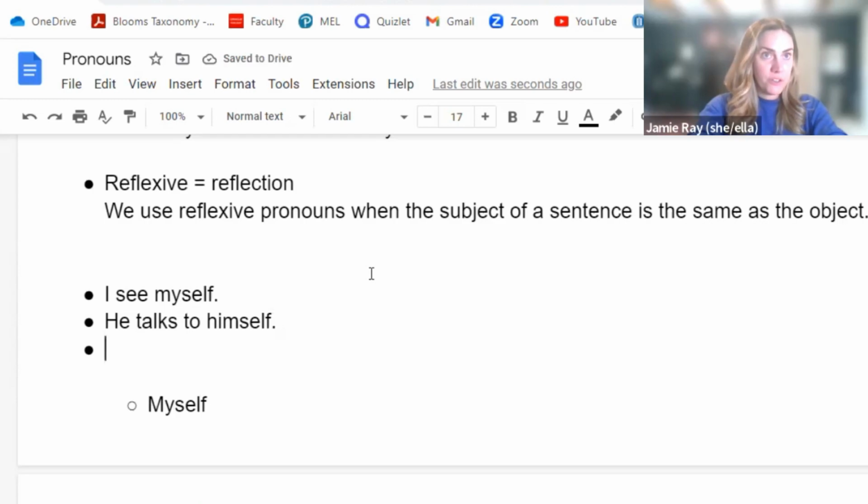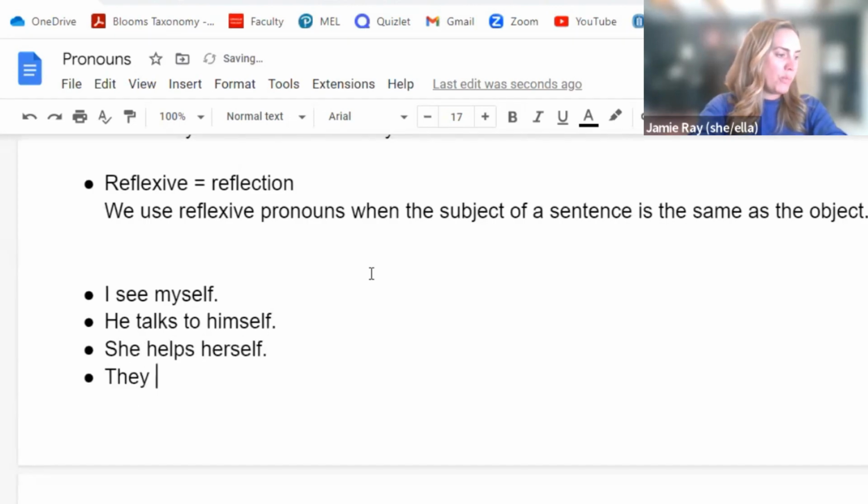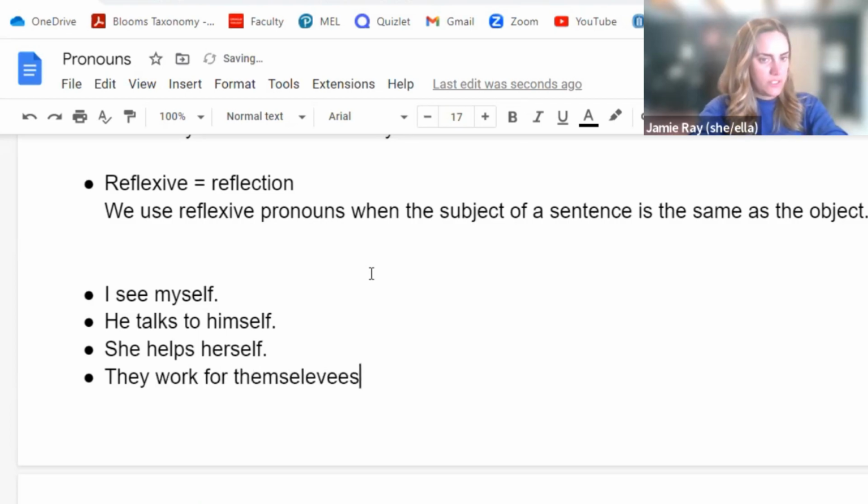Objects can come after verbs or prepositions. She helps herself. They work for themselves. Okay.